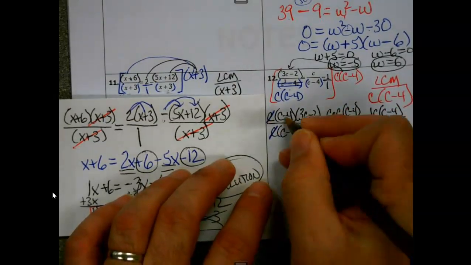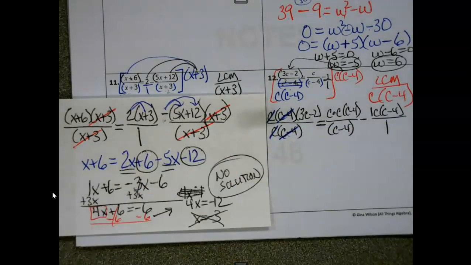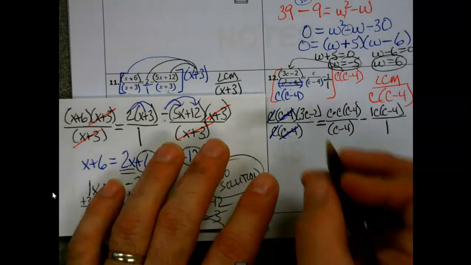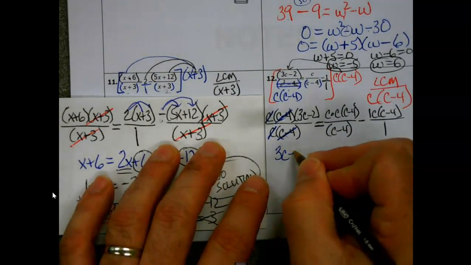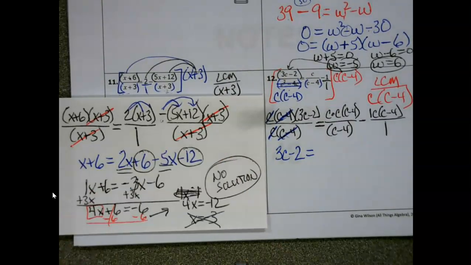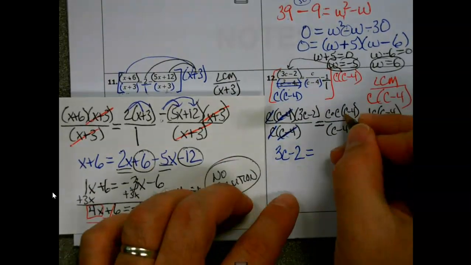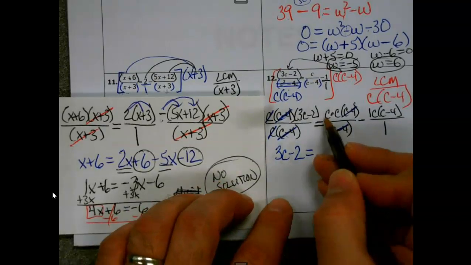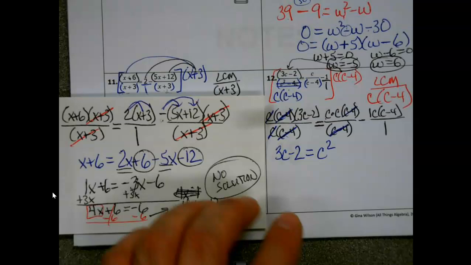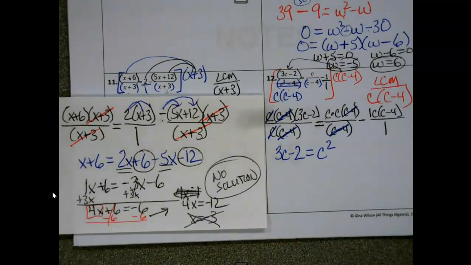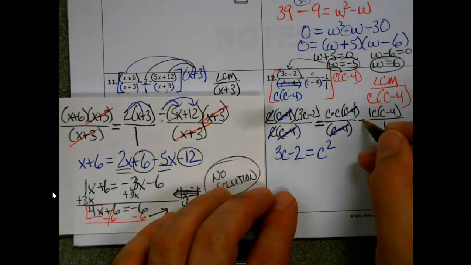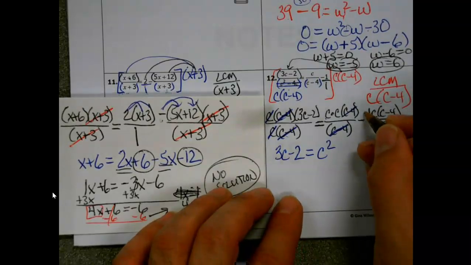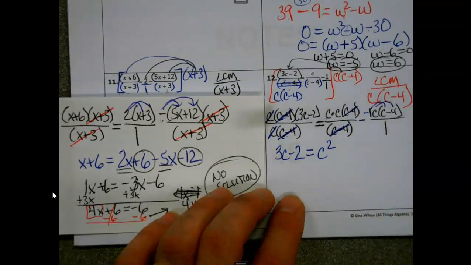Zap the C's. Zap the C minus 4s. So I got 3C minus 2. Zap the C minus 4s. C times C is C squared. And this minus 1C, this negative that's here, gets distributed through.